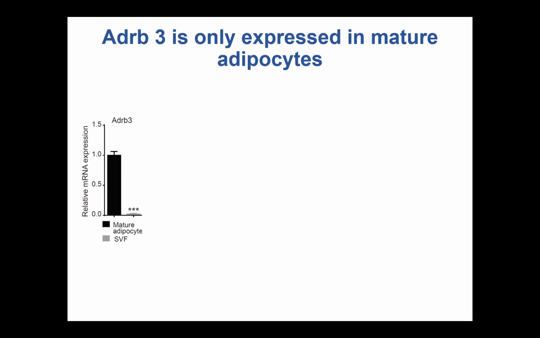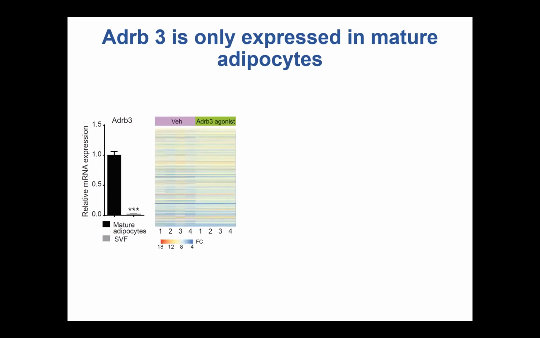and it's not present within the stromal vascular fraction. So we decided to take mature adipocytes after treatment with beta-3 agonists, isolate the cells, and perform an RNA-seq. We see that there was an increase for a number of genes.